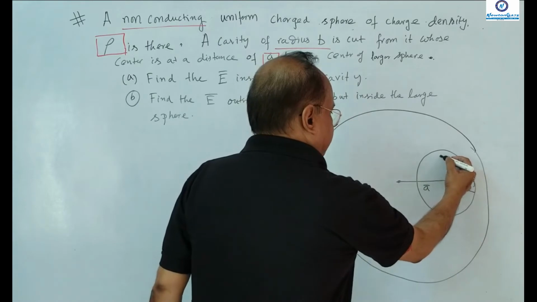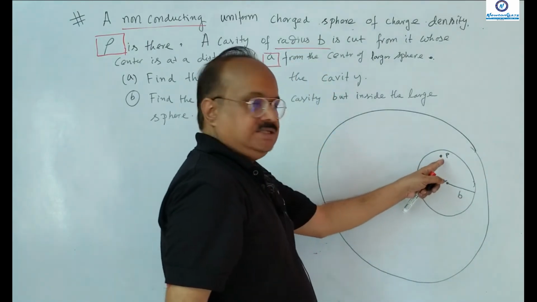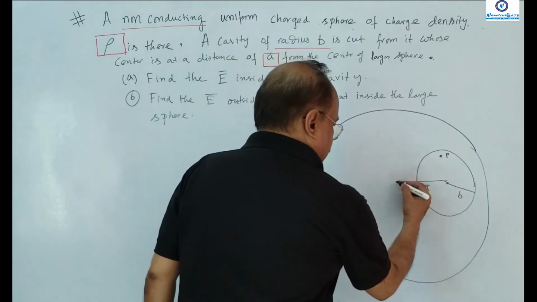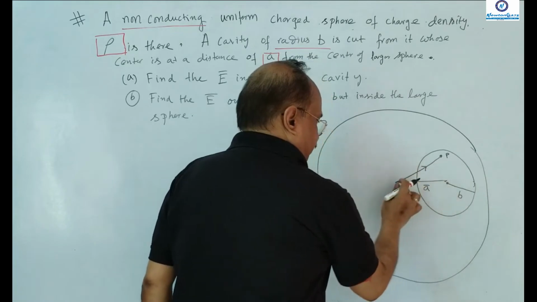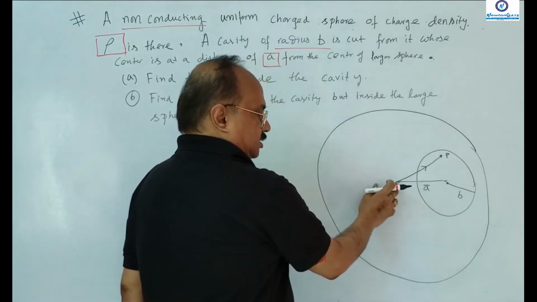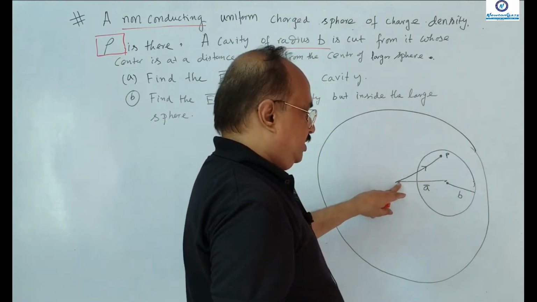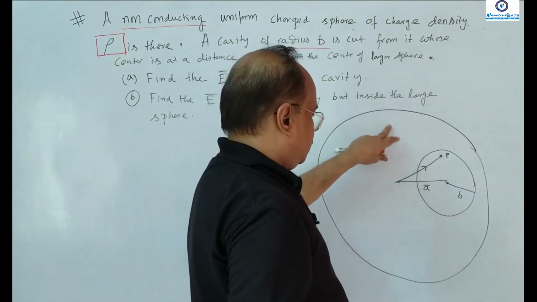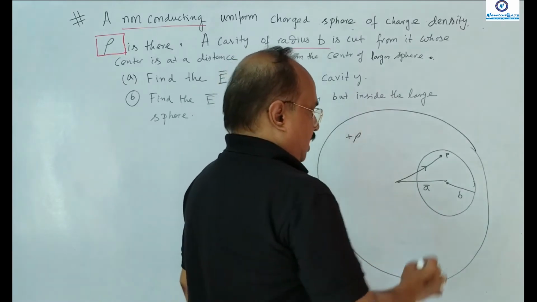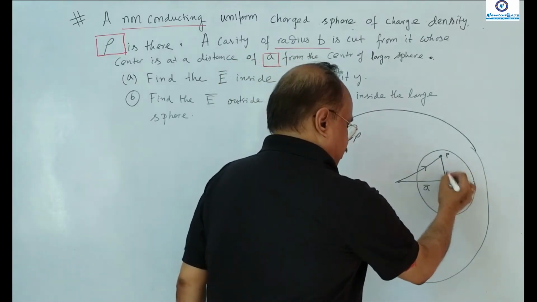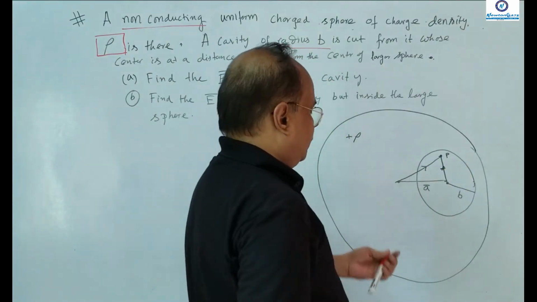I want to find the electric field inside the cavity at any arbitrary point P inside the cavity. So from here I am drawing a vector. This is the direction of the electric field due to this uniformly charged sphere, and from here another direction will be there. Let me explain what it is.